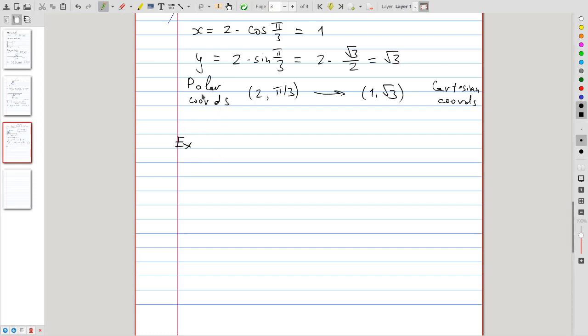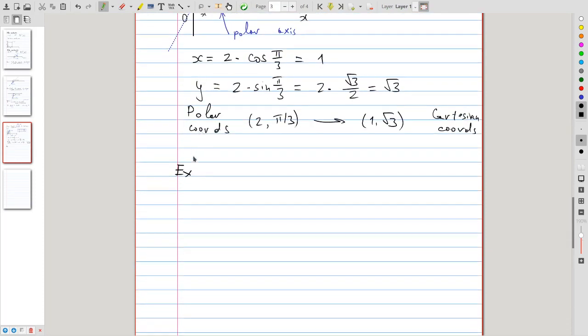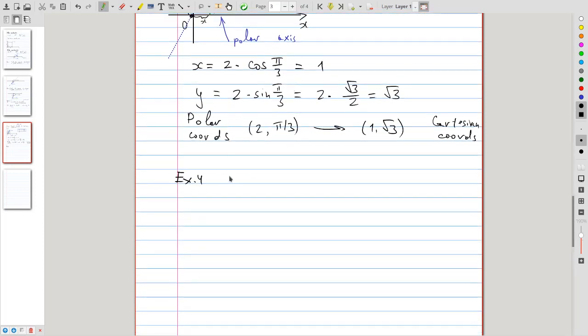So let us look at the following example, number 4, which asks to do the converse of what we just did. So we will be given a point in Cartesian coordinates, minus 1, 1, and asked to find its polar coordinates.